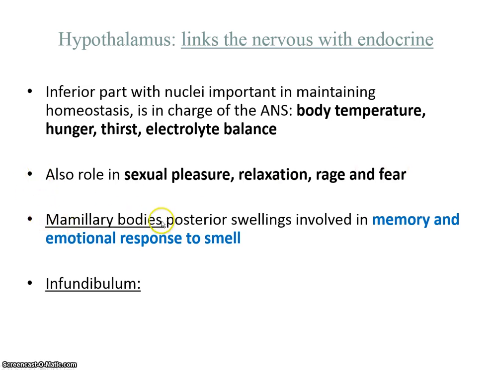The mammillary bodies, which are two very small swellings just behind the pituitary, are involved in memory and emotional responses to smell. So smell is a very powerful sensation for us. The infundibulum, again, is basically the connection between the pituitary and the hypothalamus, and it consists of mostly axons from the hypothalamus.